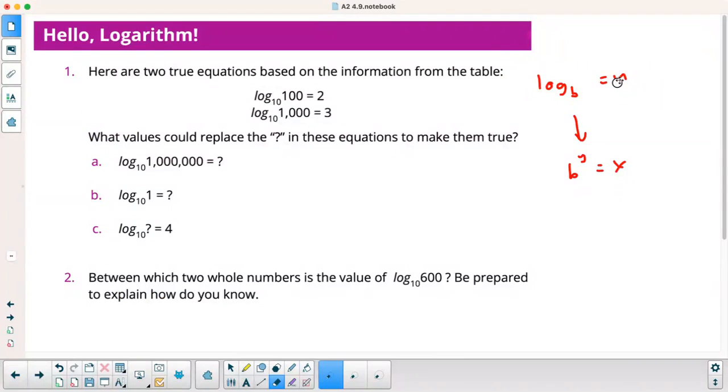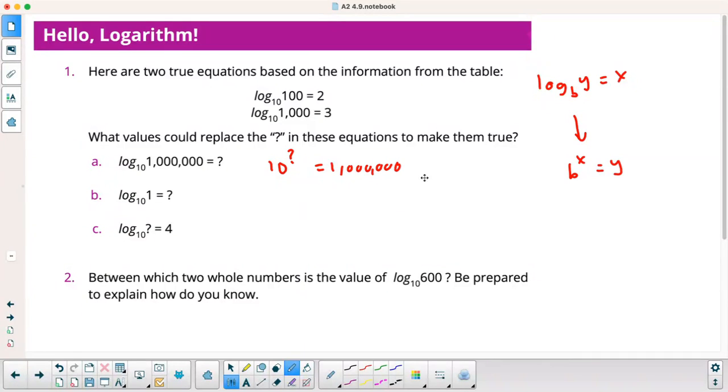I want to stay consistent, so log base b of y equals x would be b to the x equals y. So this is going to be 10 to the question mark equals 1 million. So you've got to think 10 to what power equals 1 million, and the answer is going to be 6. And you can check it on your calculator.